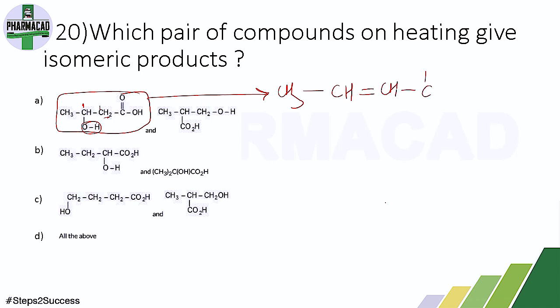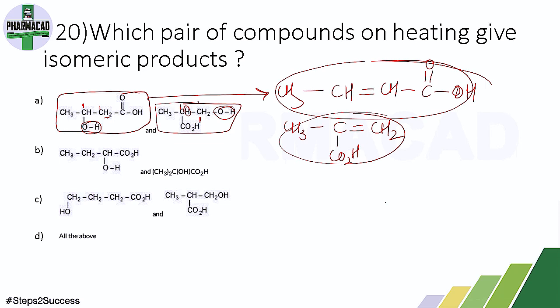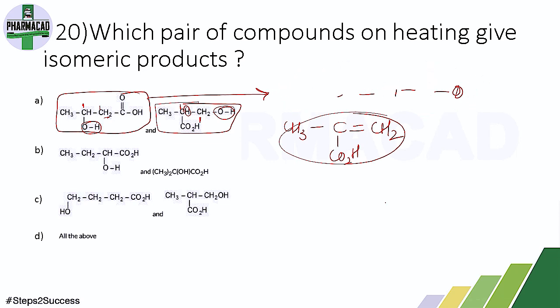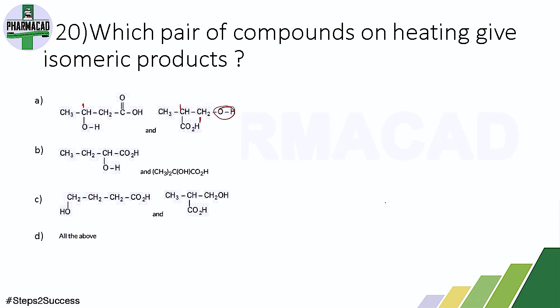Whereas when we heat this, the OH from this carbon and hydrogen from this carbon are removed, and we will get CH3, C, CO2H, double bond CH2. You can see both of them have the same molecular formula and only differ in structure. So this pair has the isomeric product.